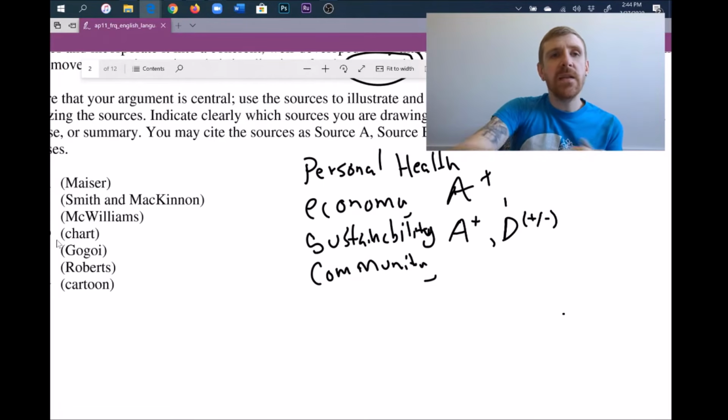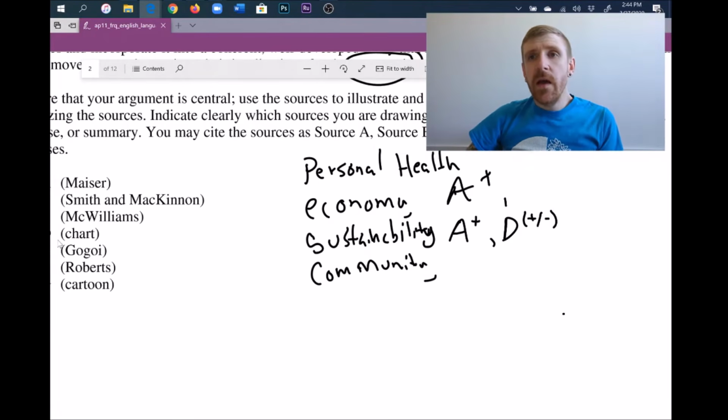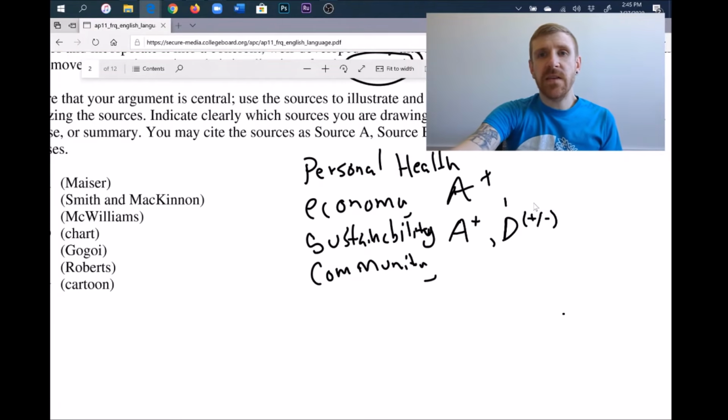Okay? And then sometimes they're going to notice that some sources don't have anything to do with the economy, and they might have to do with personal health. And because of that, they're then going to see the many different perspectives that these sources have.